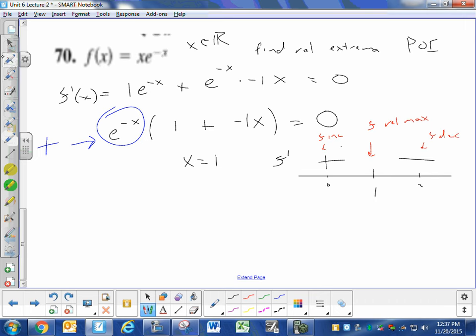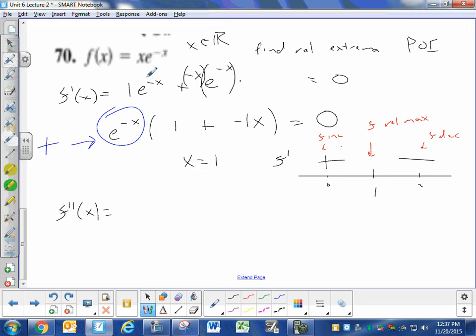Okay, let's look at the second derivative to find the points of inflection. Well, here is my first derivative. I can maybe make it look a little nicer, put this as a negative x in front of the e to the negative x. This would be a product. We'd have to make sure we knew that's a product.